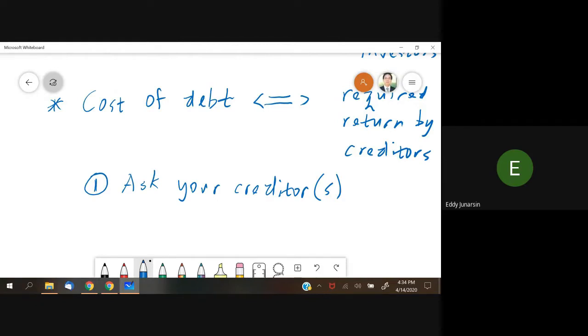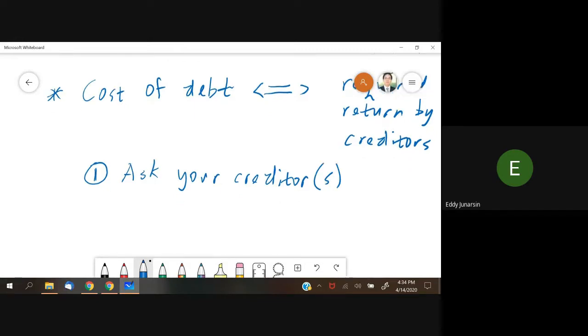So this is the easiest, and I would say also maybe the most valid way. So we can hardly find something like this, right? Easy, lazy, but relatively accurate, or even we can say the most accurate one, because the quote really comes from your creditor or your creditors. So this is one of, I think, the most valid methods.